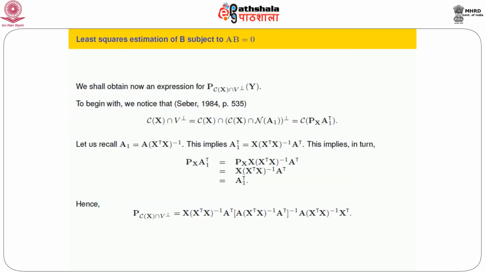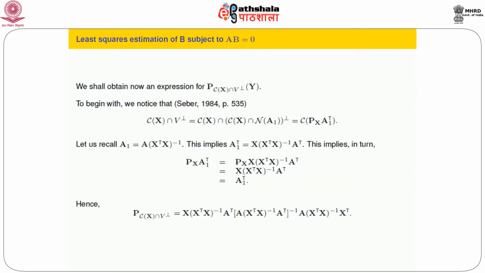We have to see this part carefully. This A1 transpose should be x transpose x inverse, because it's a symmetric matrix, so the transpose of the inverse of a symmetric matrix is the same quantity, but this x is the bothering part. We have to check it. We'll see the calculation again. Assuming this to be correct, Px pre-multiplied, Px times x is this, so x inverse A term, that is A1 transpose.